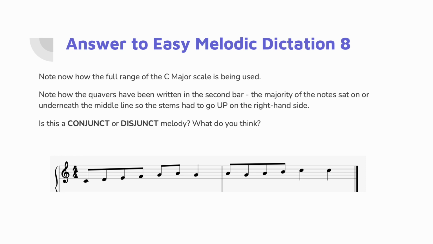Note how the quavers have been written in the second bar. The majority of the notes sat on or underneath the middle line of the stave, so the stems had to go up on the right-hand side. Is this a conjunct or disjunct melody? What do you think?